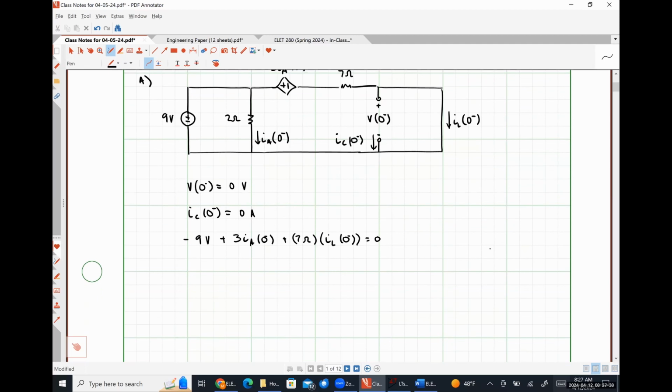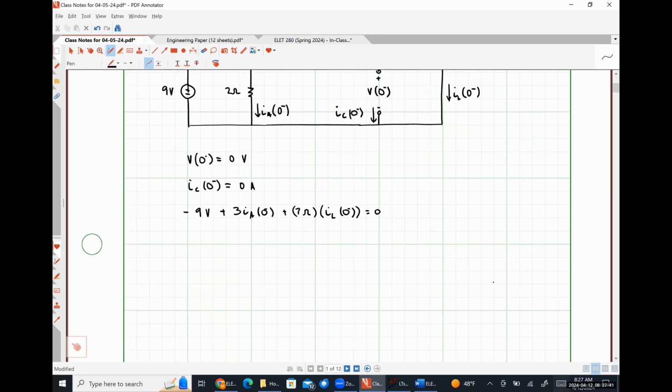Absolutely right. So let's rearrange this thing really quickly. So we could say that IL at 0 minus is going to be 9 volts plus 3IA, where IA is 9 volts over 2 ohms. And then we divide all of this by 7 ohms. Does my algebra work out okay there? Oh, the negative on this guy right here.